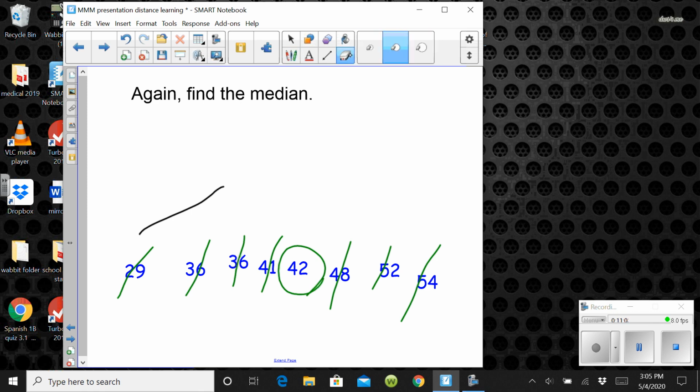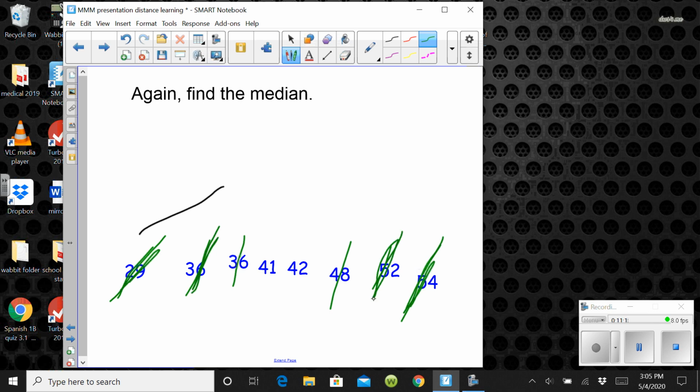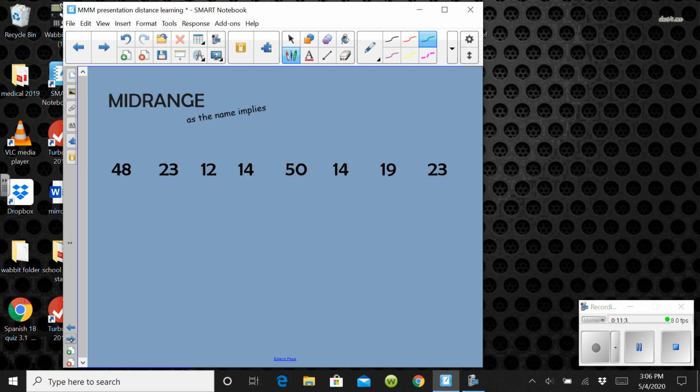You guys know that when you're crossing numbers off, you cross them off in pairs, right? 29 with 54, 36 with 52, 36 with 48, and you end up with two middle numbers. So the median here is not 42. You got to add them up and divide by 2 and get 41.5 as the median.